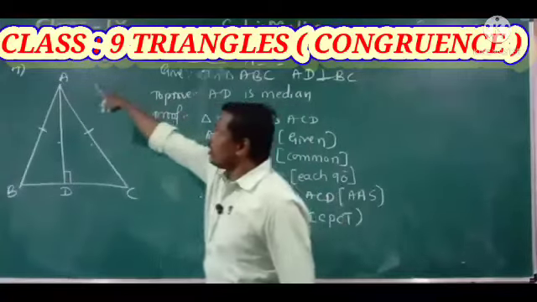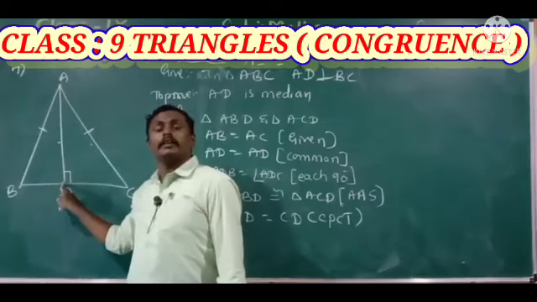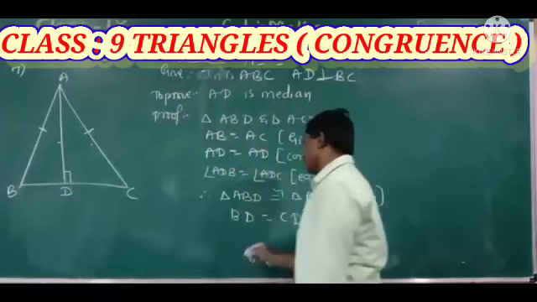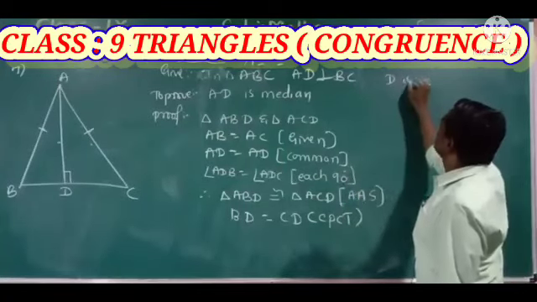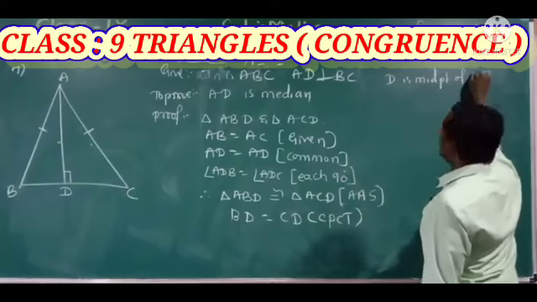The line drawn from the opposite vertex to the base of the triangle is called a median. So here, if BD is equal to CD, D is a midpoint of the side BC.